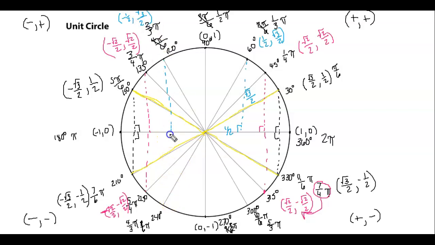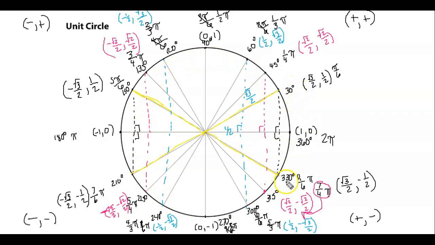Down here, when we reflect it to this one, it's going to be negative 1/2, negative square root of 3 over 2. And then when we reflect it down to this one will be positive 1/2, negative square root of 3 over 2.